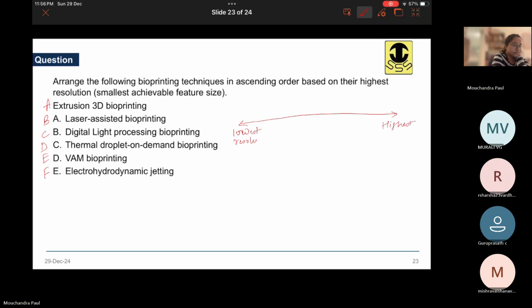Okay. So you just said A will be towards where? Lowest. So A will be towards lowest, and F. F will be towards lowest. Okay, fine. What about others?